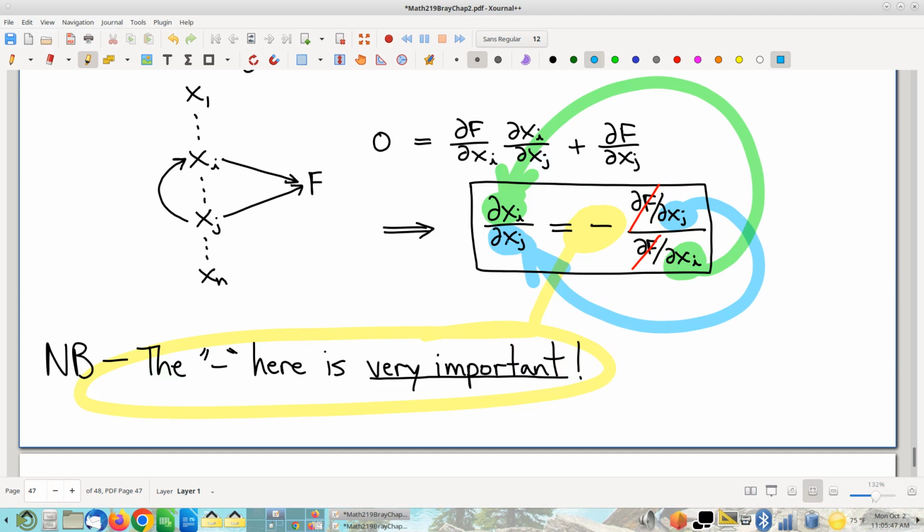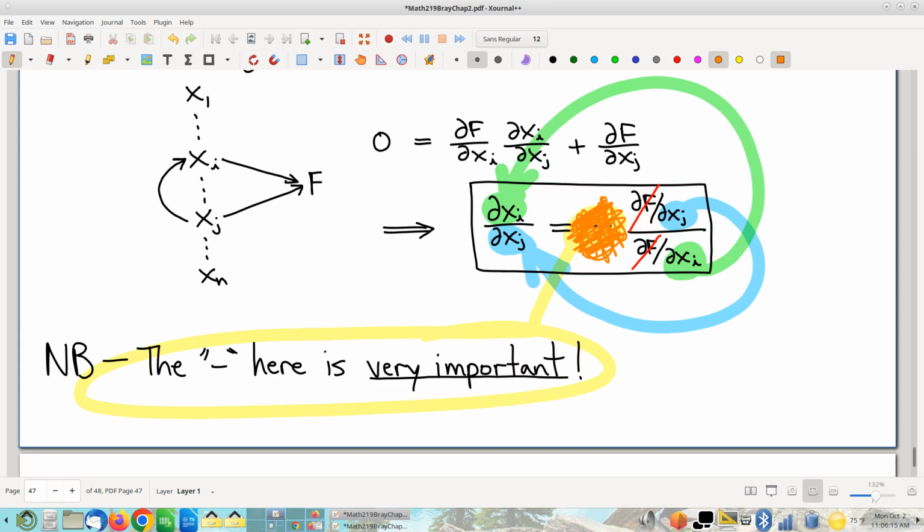So here's the problem then. If you make the mistake of forgetting the minus sign, let's just suppose that you forget that minus sign there, and you compute your partial with this fraction of partials, no minus sign. It makes it look like you think you could actually cancel the partials, which is, again, total garbage, right?